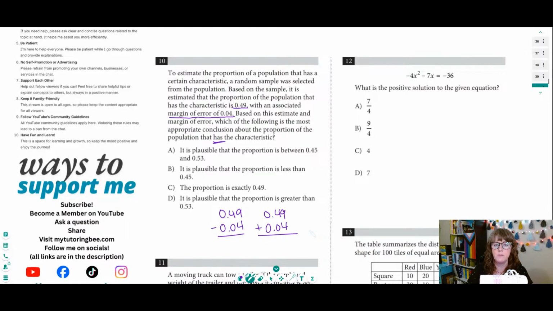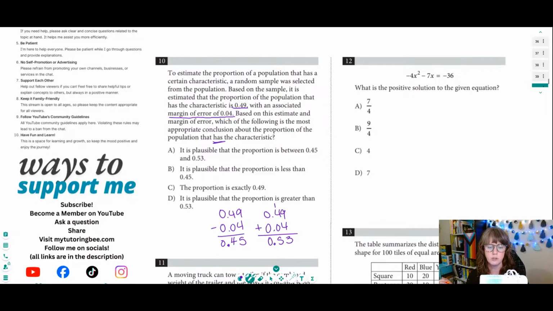And then that's going to be sort of our window of possibilities that somebody would have this characteristic. So let's just subtract. We've got 0.45 as the low end, and then we've got 0.53 as our high end.